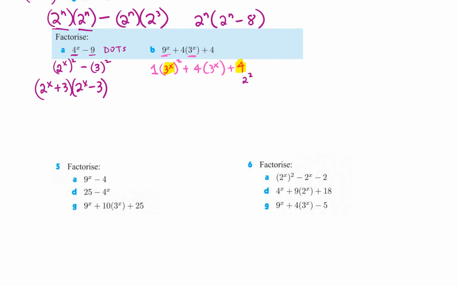So we can use our factoring pattern. Since this is a positive, we would have 3 to the x plus 2 quantity squared, because it's a perfect square trinomial. Or, if you didn't recognize that, the factors of 4 that combine to give me 4 are 2 and 2. So I would end up with 3 to the x plus 2, 3 to the x plus 2, which is the same thing.